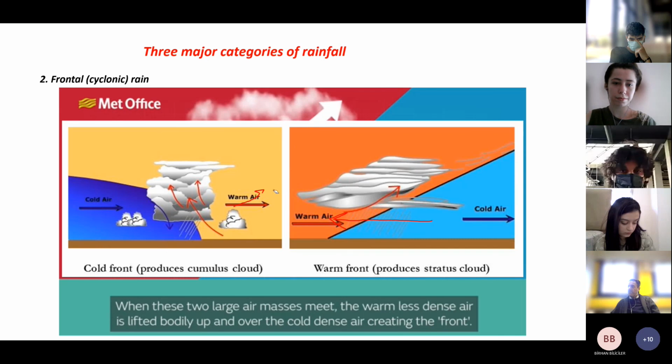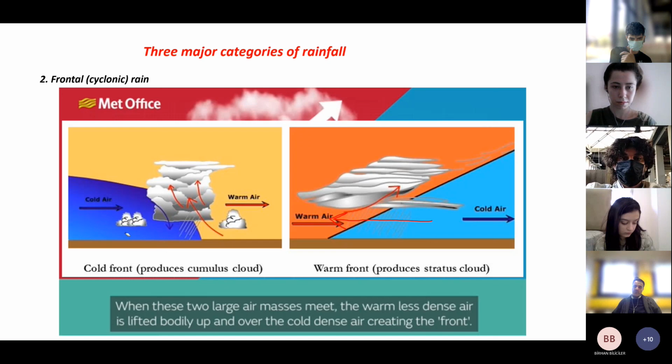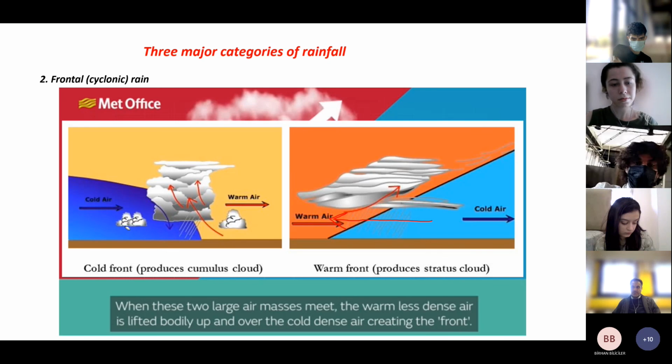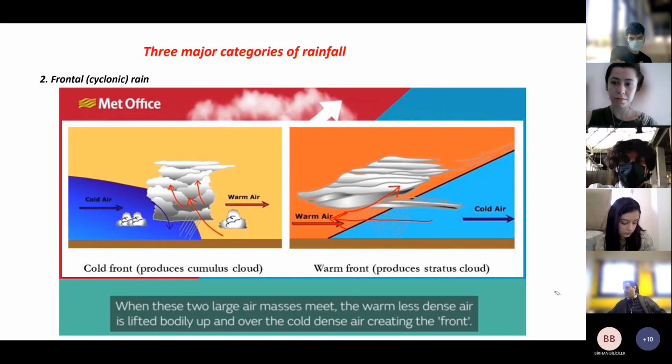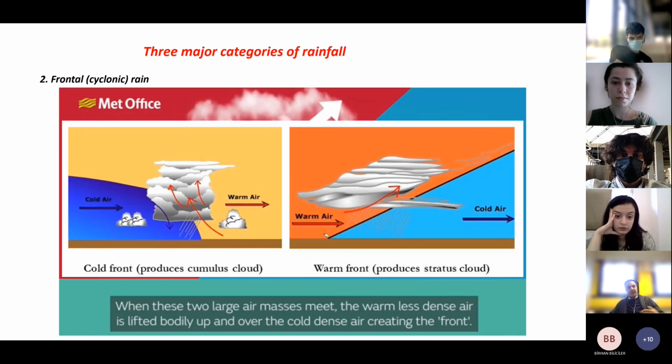Now let's look at these two other examples for cold front and warm front. Look at this one. This is a cold front, like the previous example I talked about. However, here you see that warm air moves toward cold air and pushes the cold air to go away from this part.